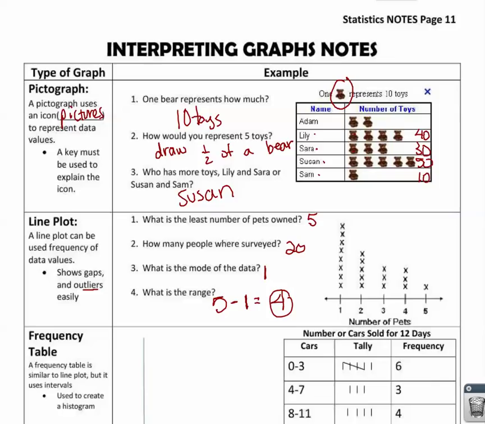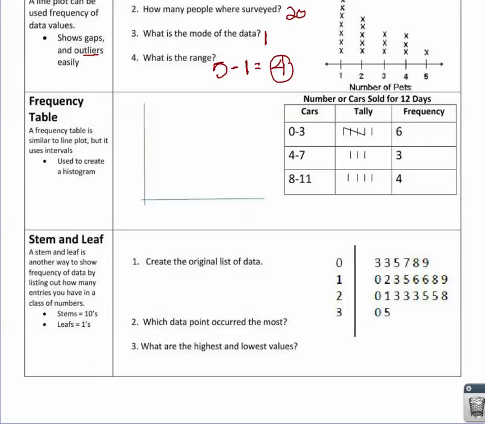Okay, now looking at frequency tables. A frequency table is a table used very similar to a line plot, but it's going to use intervals. These are also used to create histograms. So for example, the number of cars sold in 12 days.